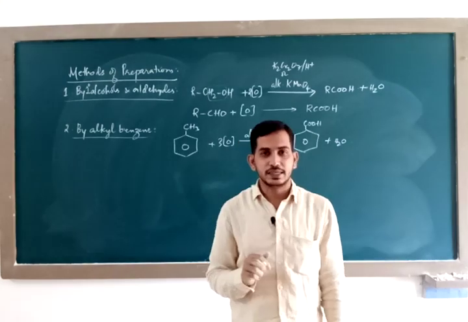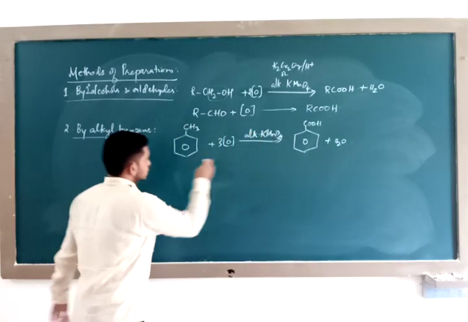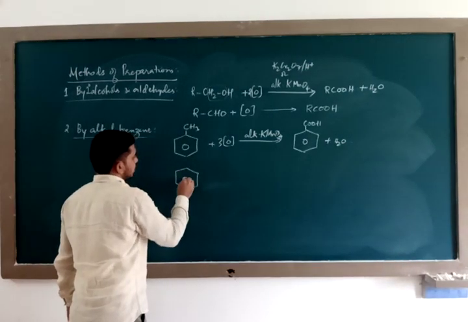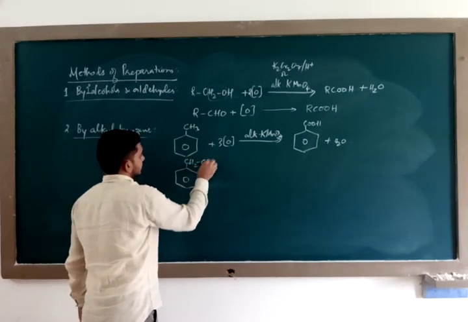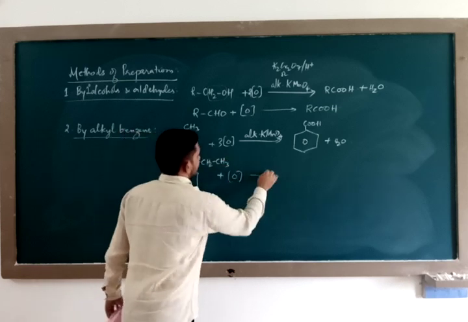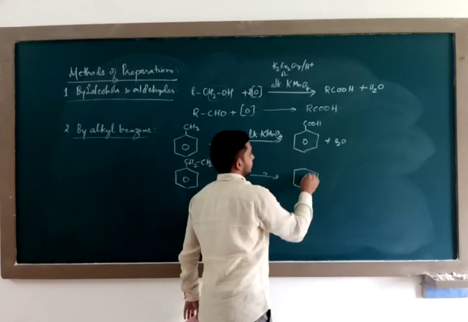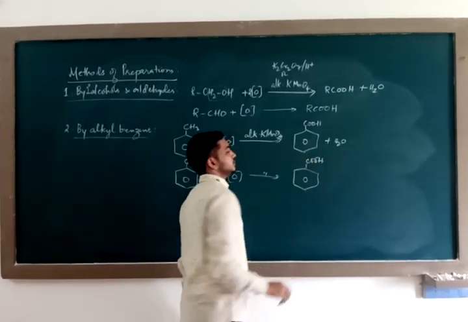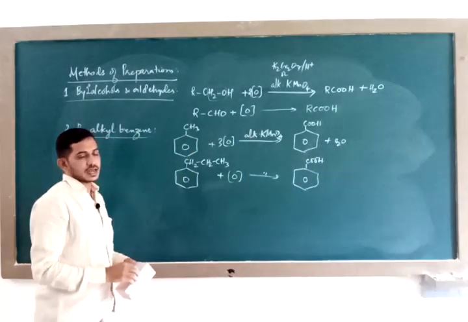corresponding carboxylic acid. Now if this is true, sir, what if I oxidize this compound, that is propyl benzene? Then also you will get benzoic acid. How does this happen?